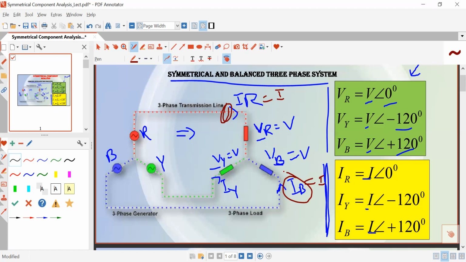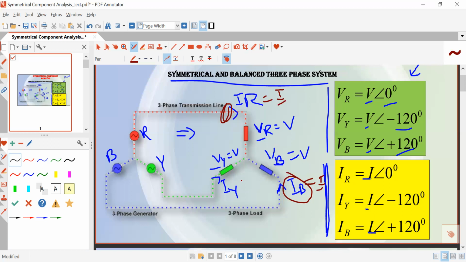But when the system becomes unbalanced, then these current values will differ from each other. Power of each phase will differ from each other. Voltage of each phase will differ from each other. So you have to analyze all of the phases to calculate the total power or current of each phase or voltage of each phase. You have to consider each phase independently.